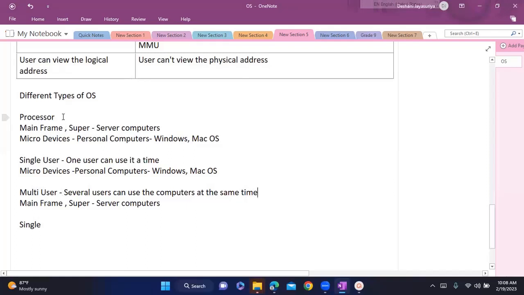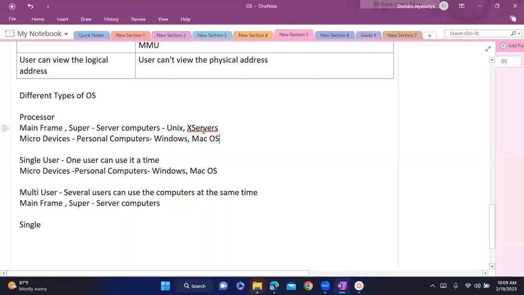These computers use Unix and X server. These are the examples. If you can write them, what are mainframe, super, and what are these? It is important to understand these two.